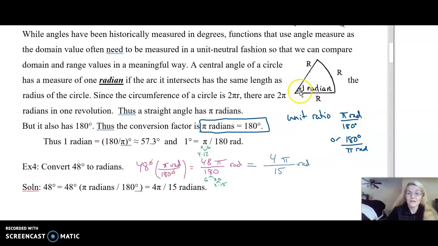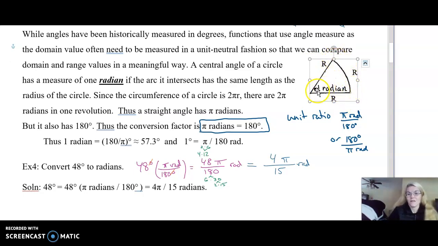Again, a radian was the angle necessary in a circle to trace out an arc length of r, the radius. So with radius r and arc length r, the central angle that measures that is 1 radian.